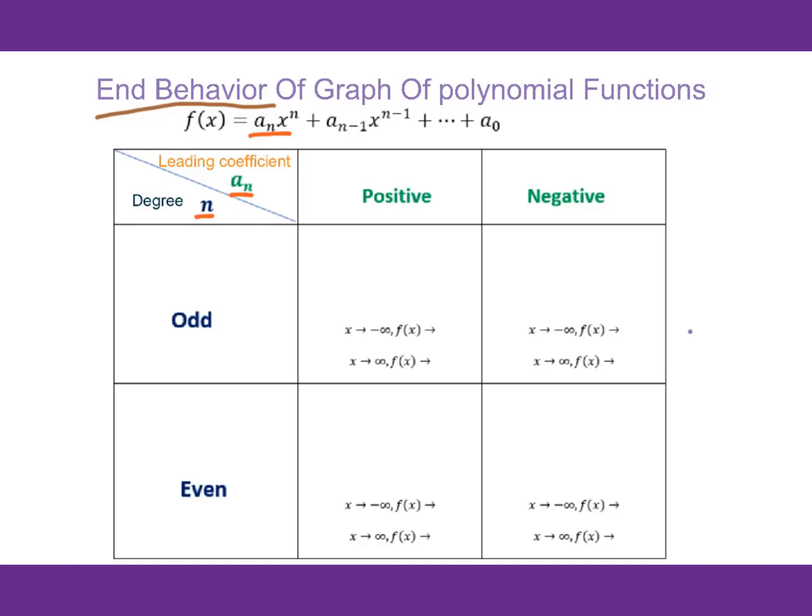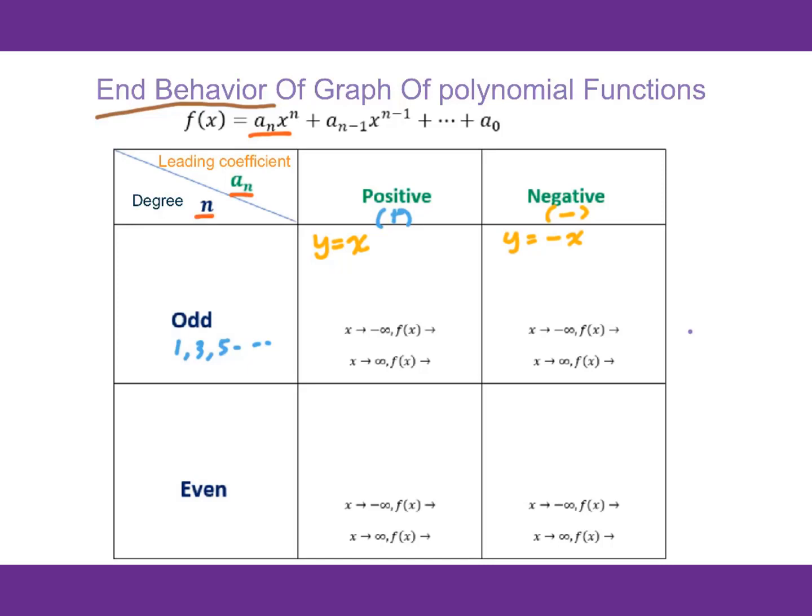For example, when n is an odd number, that means you have 1, 3, 5, and so on. When the leading coefficient is positive, everyone is so familiar with y equals x. For a negative leading coefficient, just remember y equals negative x.